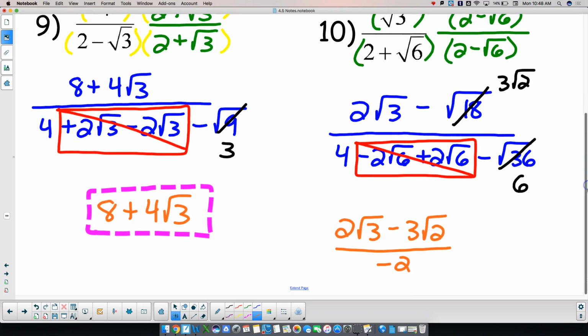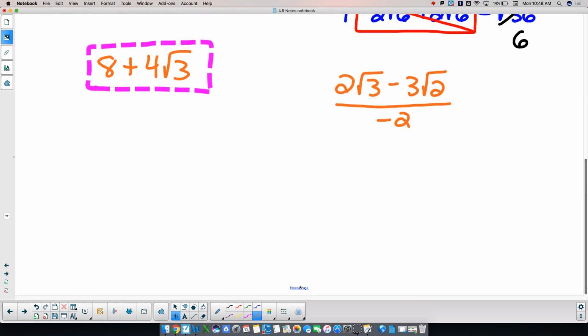Knowing your number skills or your number logic, that could also be, I could take this negative from the denominator and I could put it out front. Or I could take that negative sign and I could put it on top.